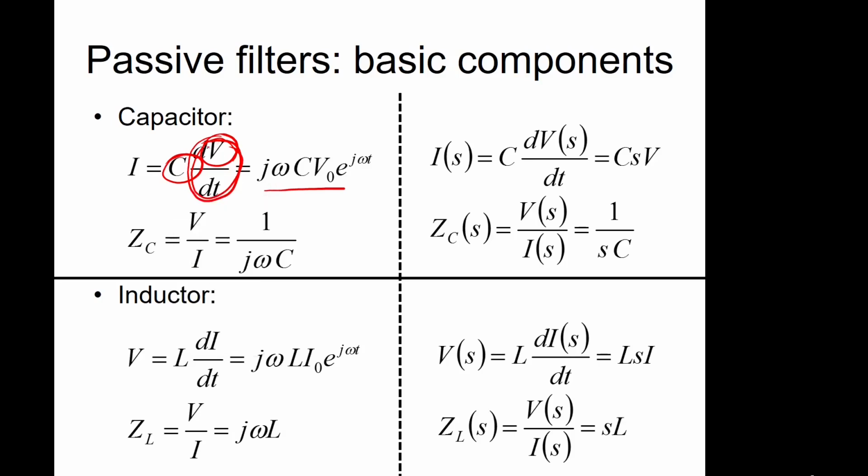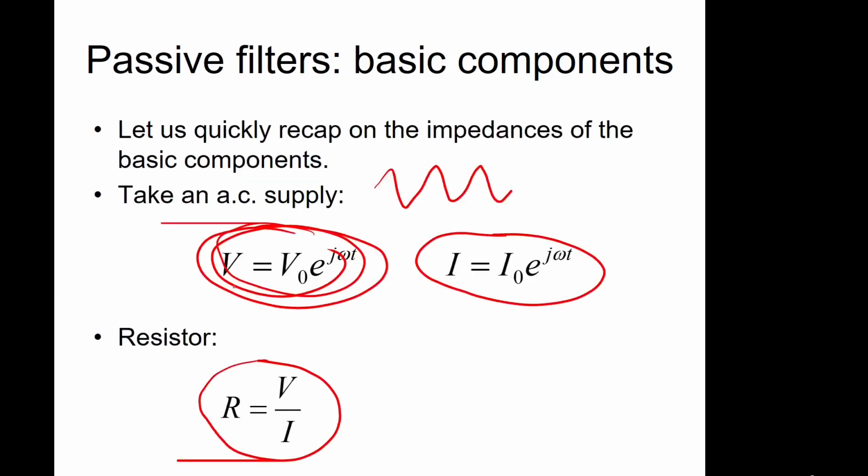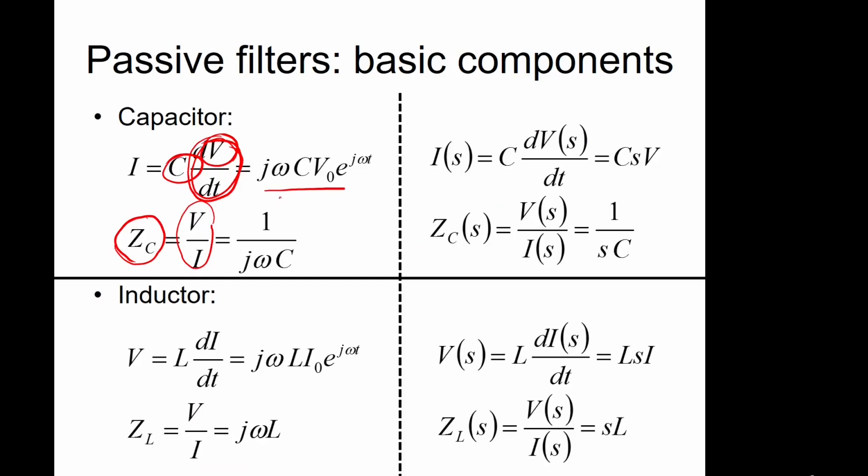Now we've got the voltage and the current, we can work out the resistance. And because it's complex, we don't say resistance, we say impedance. So the impedance of this, or its resistance to having current flow through it, is again voltage divided by current. Our voltage is this term here. Our current is now this term.